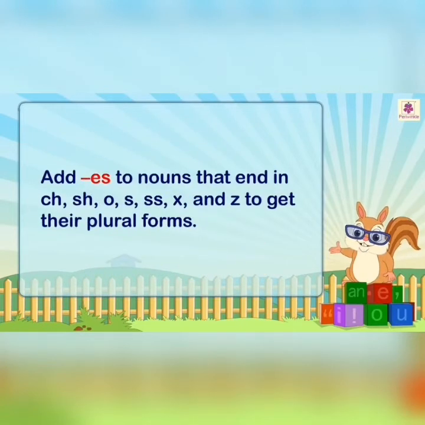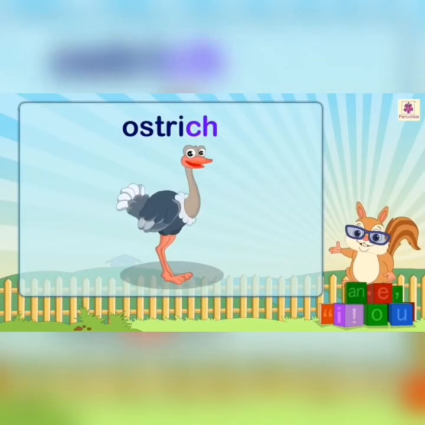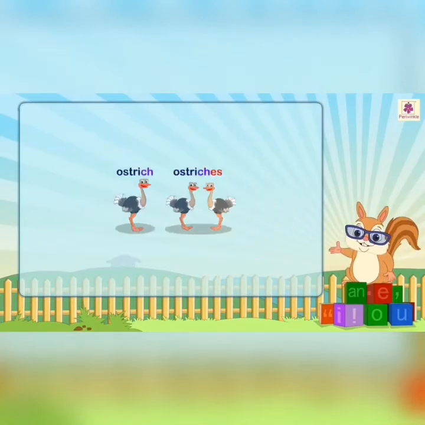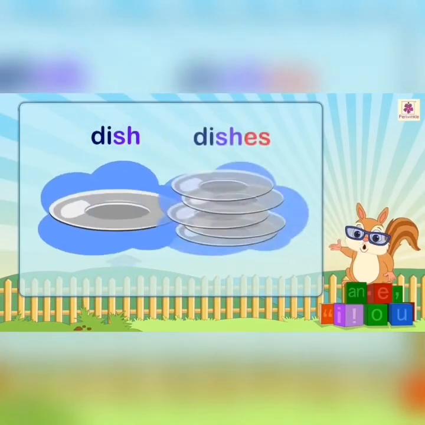Now, we add es to nouns that end in letters such as ch, sh, o, s, double s, x, and z to get their plural forms. Now, we are going to find out practically how this happens. In the word ostrich, it ended in ch, so we'll say ostriches.